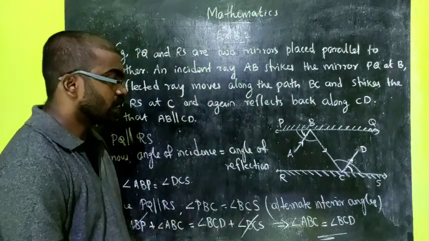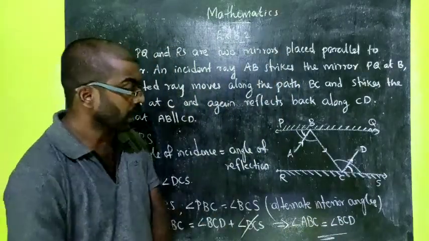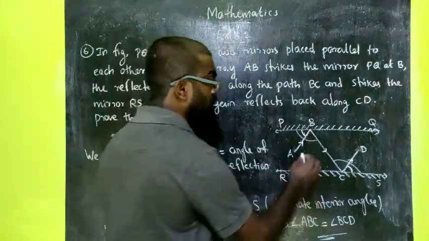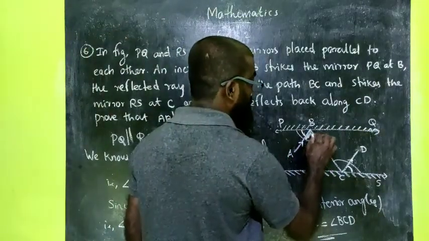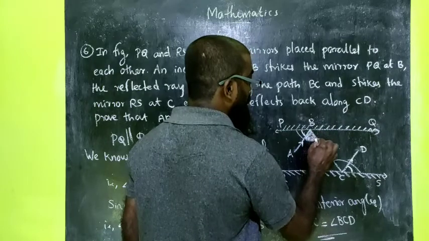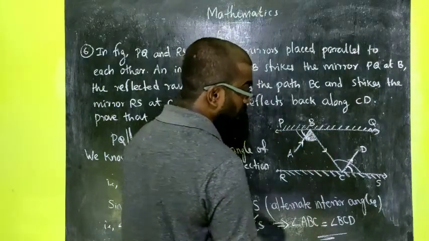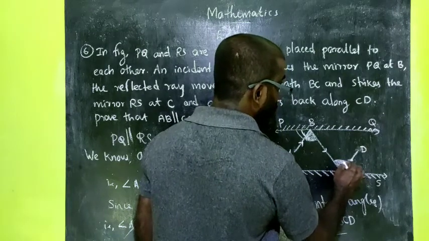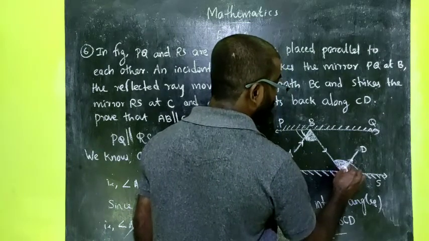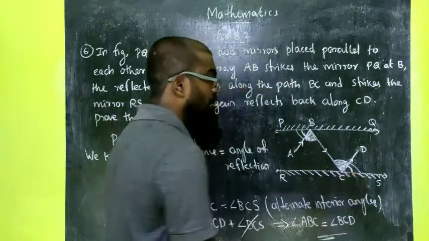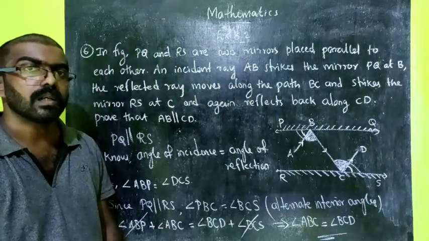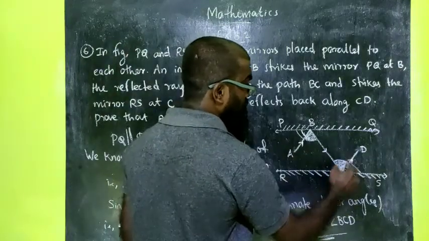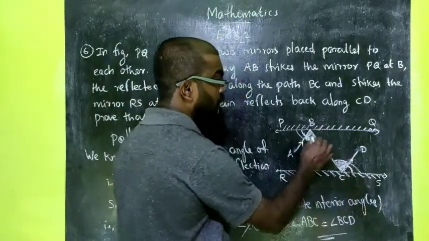And while observing the figure, you can identify that angle ABC, this angle, and angle BCD, this shaded portion, clearly these two angles are alternate angles while considering the lines AB, CD and the transversal BC.